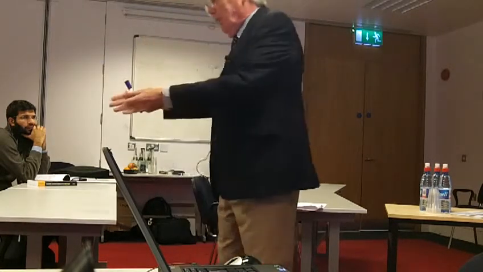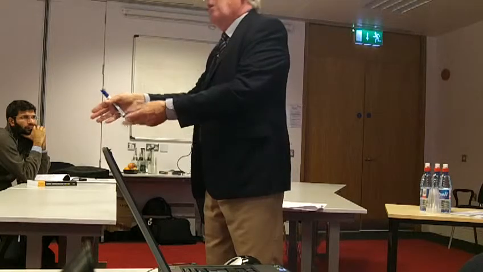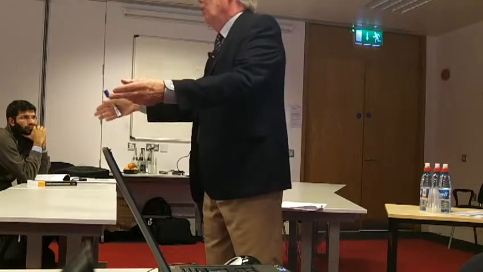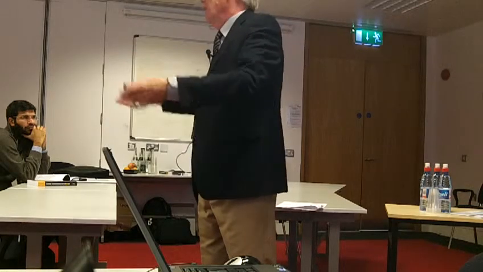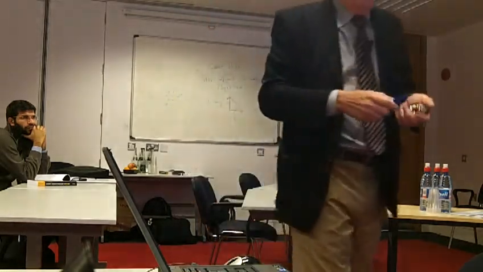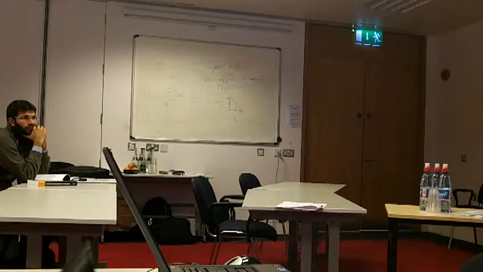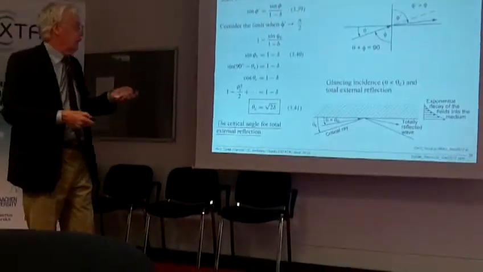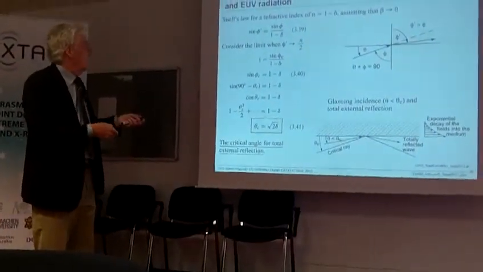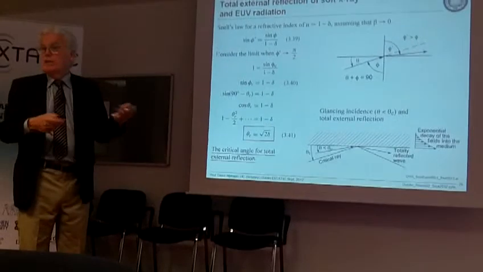If you come up and look into the fish tank, you can see the fish. But if you look at the sides, you can't see the wall on the sides, right? Those are three examples of total internal reflection, and they are all internal reflection because the refractive index is a little bit larger than unity. And here we have a refractive index which is less than unity, and we get total external reflection.